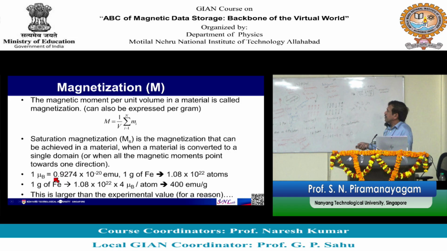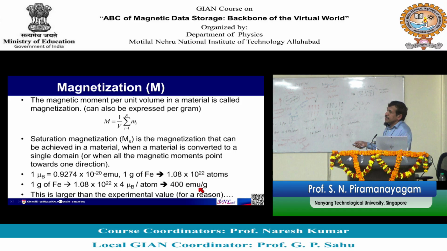Okay, for example, let us say 1 Bohr magneton is equal to 0.9274 times 10 power minus 20 EMU. So, 1 gram of iron will have so many atoms, right, and each atom has 4 Bohr magneton, and this will give rise to 1 gram of iron having 400 EMU per gram. Okay.